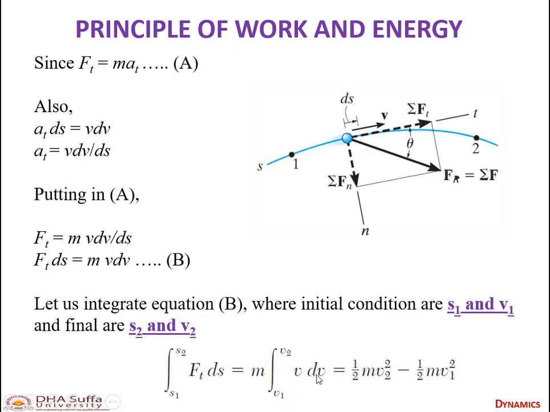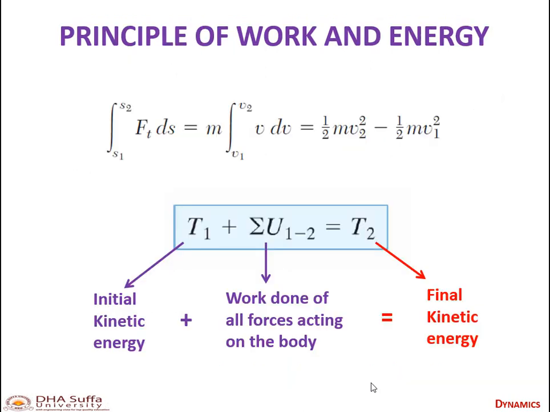This is a non-linear function. This is linear, and when you multiply it, it becomes a quadratic function, right? So you can see that this equation is converting into a quite familiar relation, which is half m v2 square minus half m v1 square. So this total work done equals the change of that. This is the relation of kinetic energy, if you remember, half m v square. So let's see what the physical meaning is.